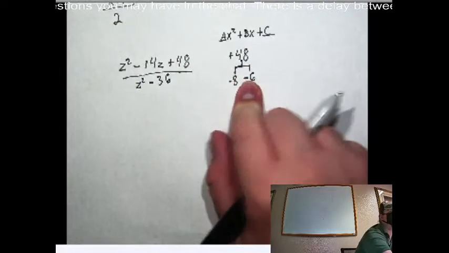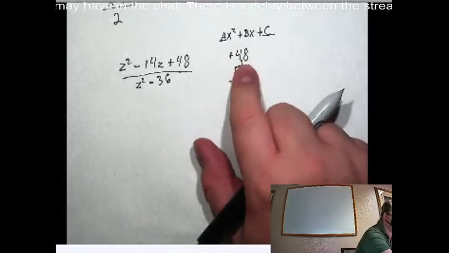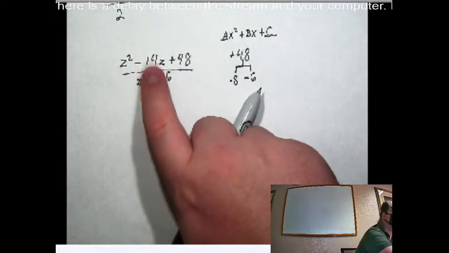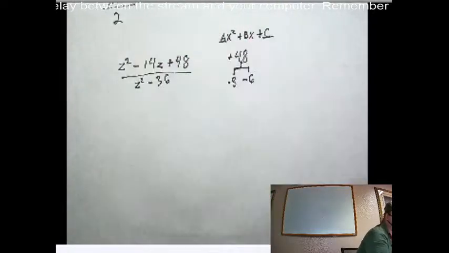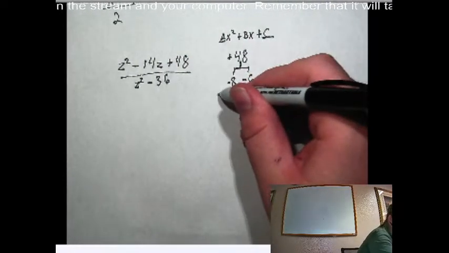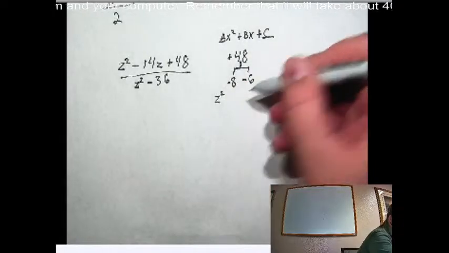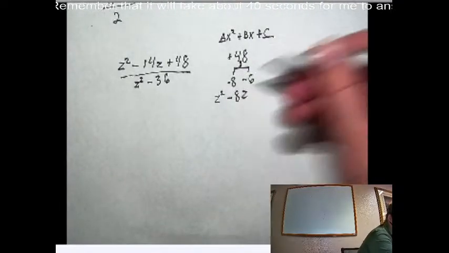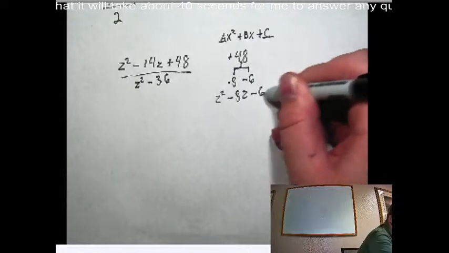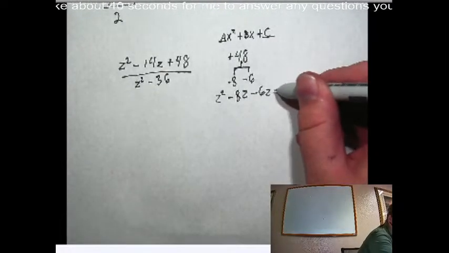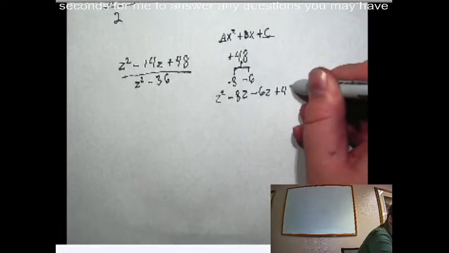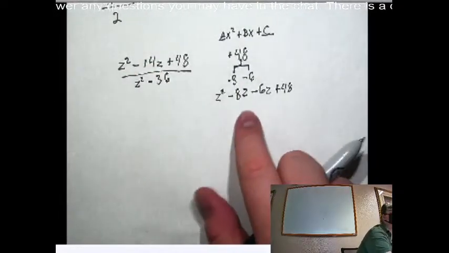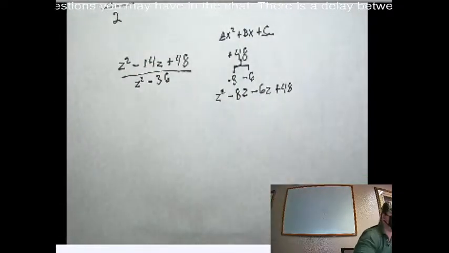We want to find pairs of numbers that will get this when they multiply, but combine or add to get this number in the middle. So now that we have that, we can rewrite this as z squared minus 8z, for that 8 right there, minus 6z, for that 6 right there, plus 48. So just replace that 14z with negative 8z and negative 6z.